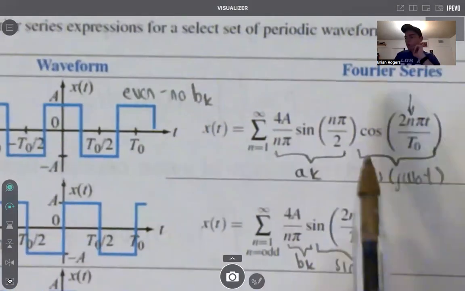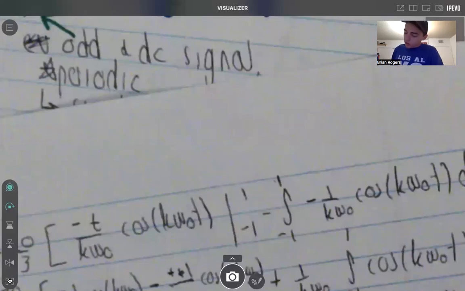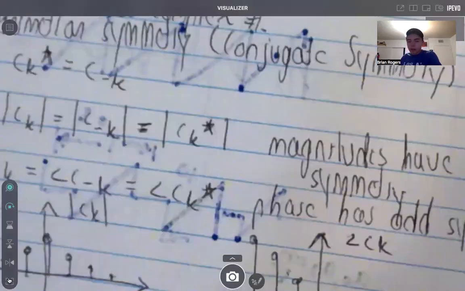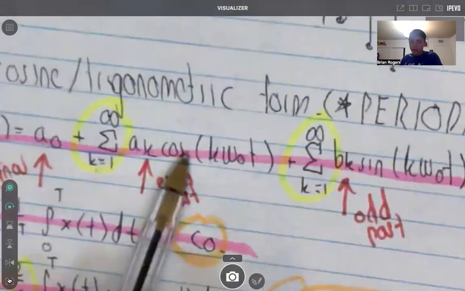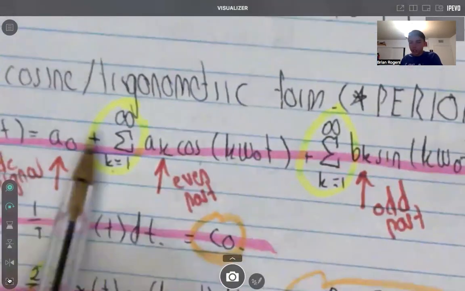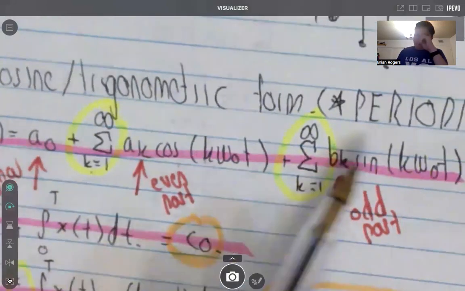That corresponds with how we have our sine cosine formatted. See how we have it written: you have the DC plus your coefficient multiplied by the cosine, and then plus b_k multiplied by the sine.